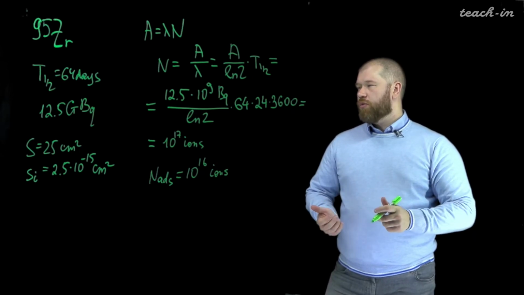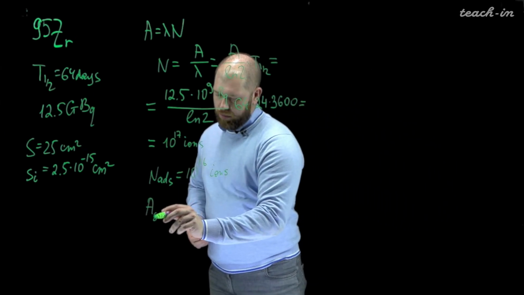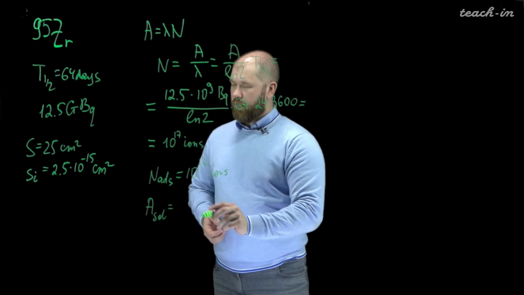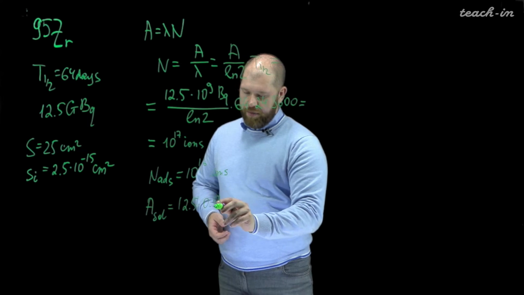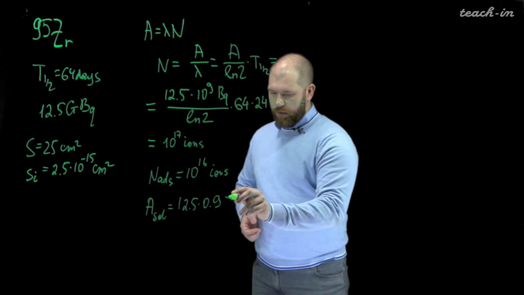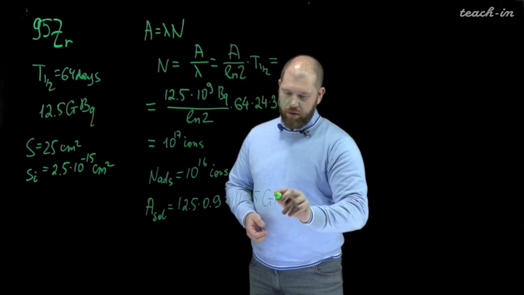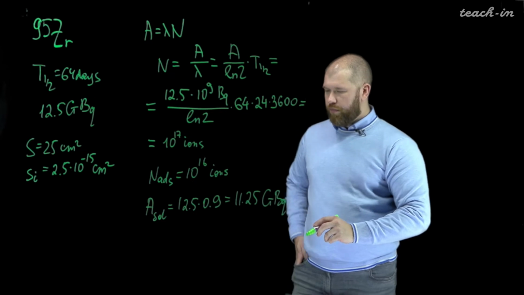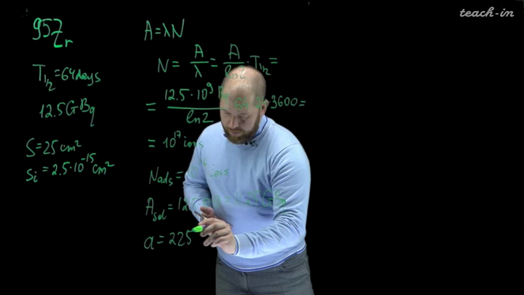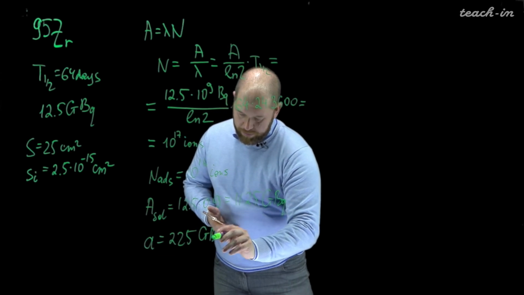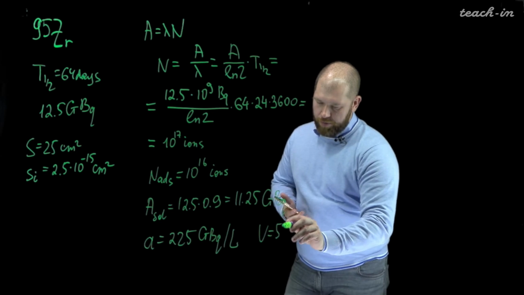And so the final activity in solution will be 12.5 multiplied by 90%. So it will give us gigabecquerel in solution, and thus the specific activity 2 to 5 gigabecquerel per liter. So we took again the volume of 50 milliliters.